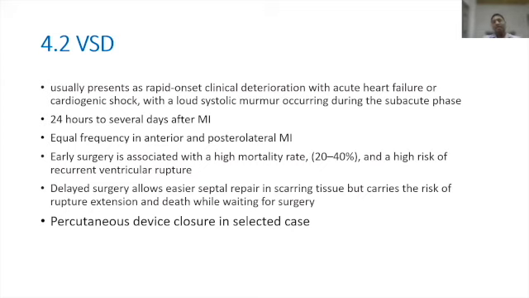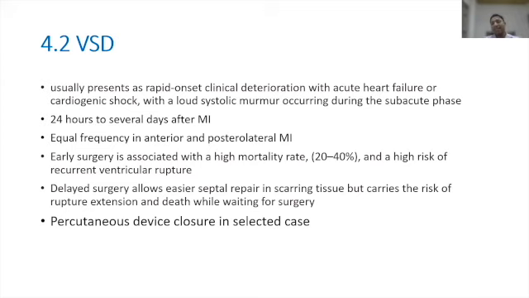With early surgery, there's a high chance of mortality, high risk of recurrent ventricular rupture. The simple reason is, once the infarction has happened, we cannot exactly define the amount of myocardium which is necrosed. So if a surgeon goes and operates on a small area, later he will find a big area will be infarcted and that will rupture again.